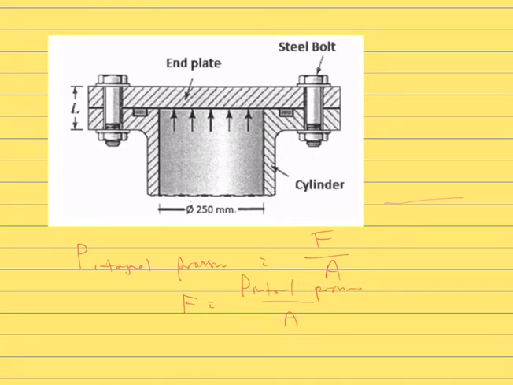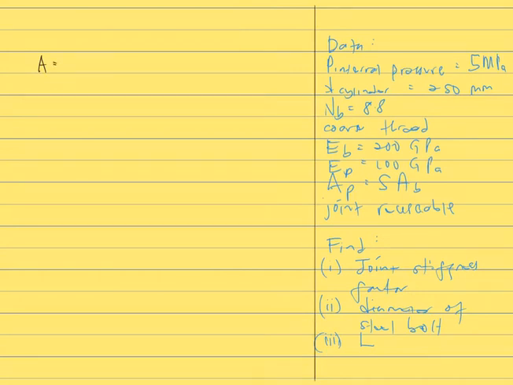In this figure, the area that we need to find is this, along the section here, and the pressure is acting this way, so the value of F is the one that we need to find. To find the area, it is pi d squared over 4, which is pi times 250 millimeter converted to meter squared over 4. So at the end, 0.049 meter squared.